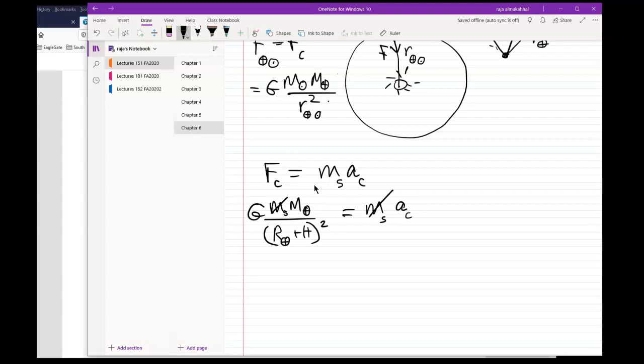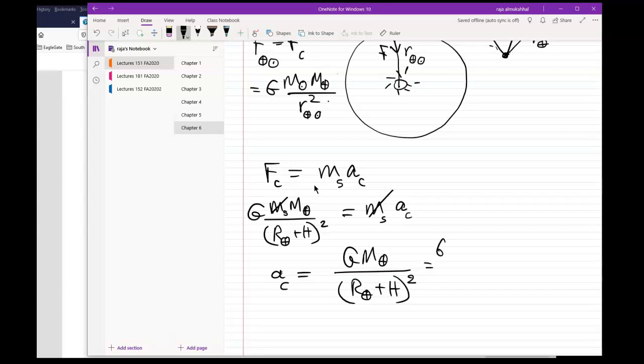He didn't give it to me, and I think he didn't give it because, as you can see, it's going to cancel out. So in this case, a sub c is equal to G times the mass of the Earth divided by the radius of the Earth plus the height, quantity squared. All I need to do is just plug in those numbers.